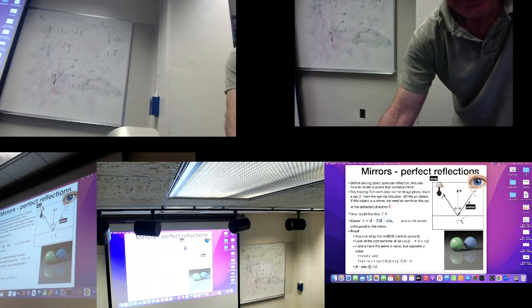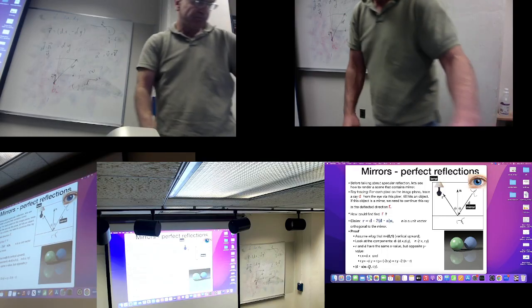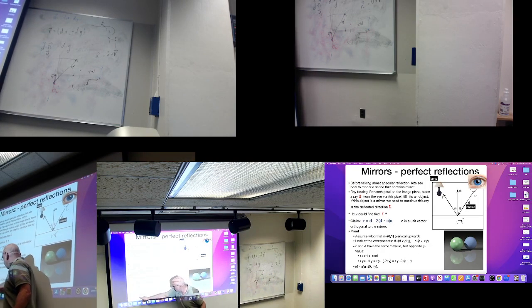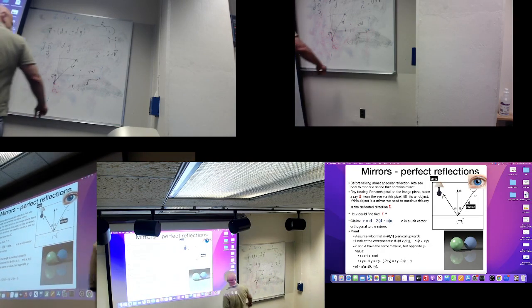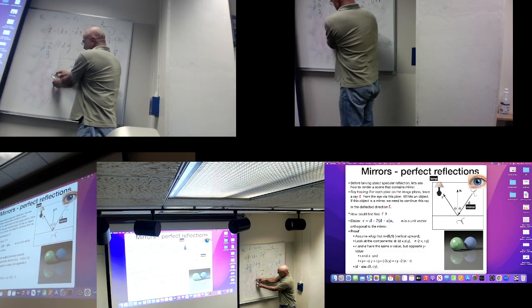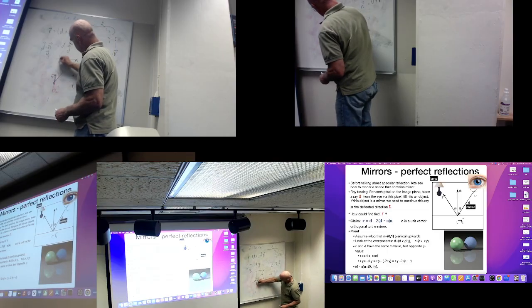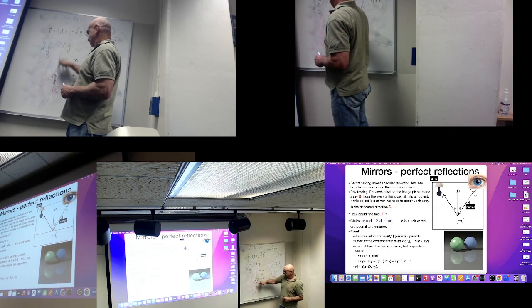Times N is a zero vector. I multiply this constant times N. So far, I had the length of the projection, multiplied by N once again, brings me to a vector at this point.